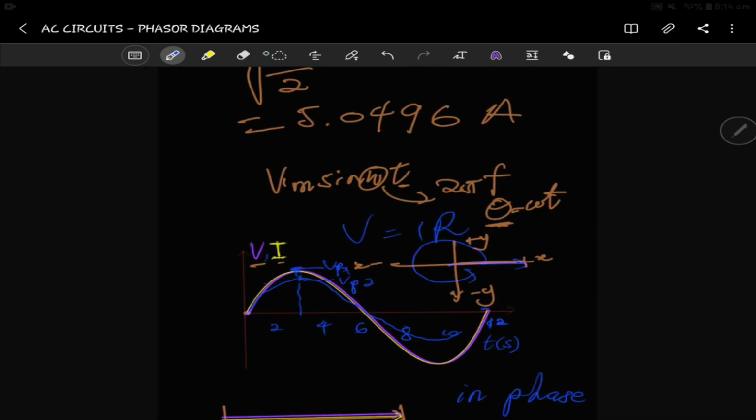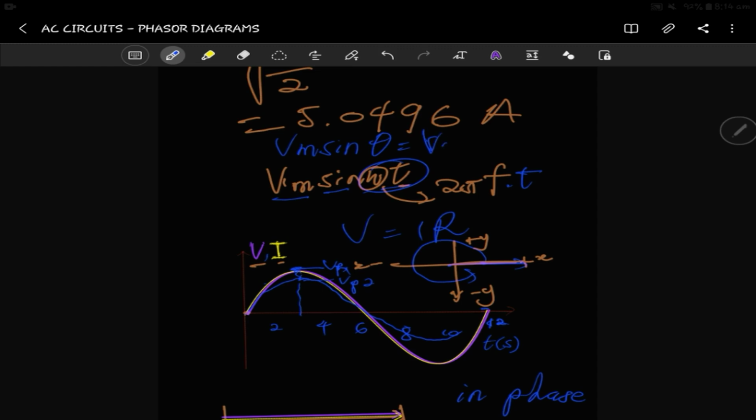We said how we represent a sinusoidal quantity is we have the peak, and we have the sine, and we have the Wt, and this can be written as 2 pi f t. But we said that this Wt here is the same as this theta, as we've seen here. So it's the same as saying Vm sine theta, and this theta is the same as Wt.